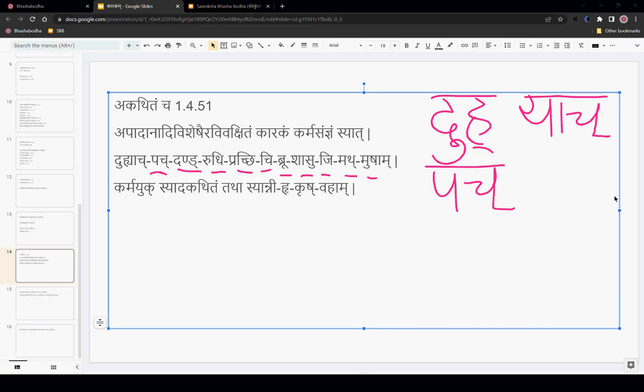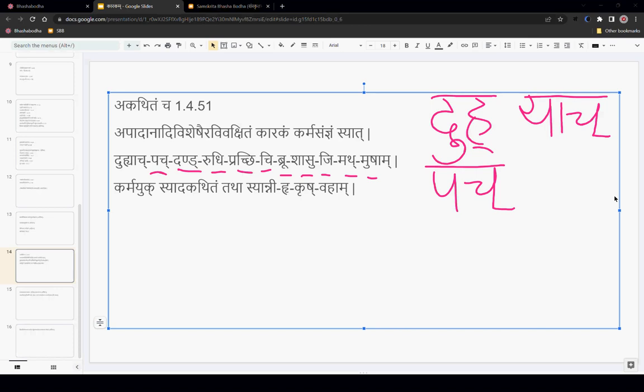Phalam is the end product. The effect is annam or odanam. Aham annam pachami. That is the main kriya padam there. And with what are you cooking? With what? What is the raw material?